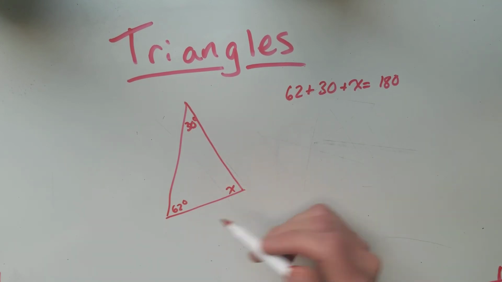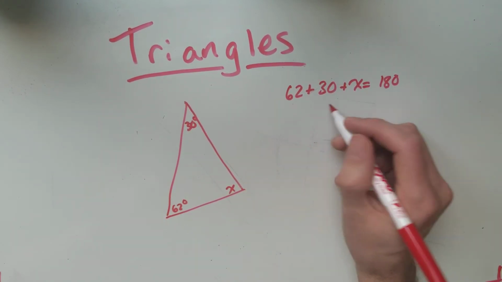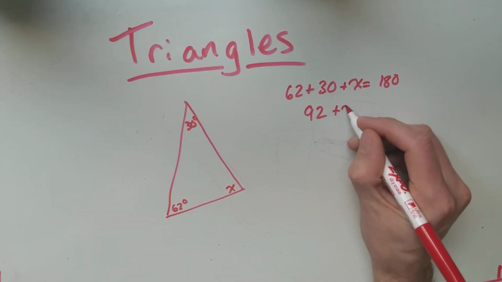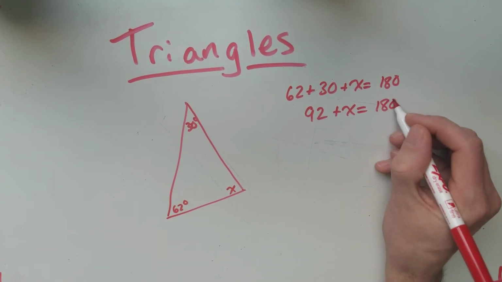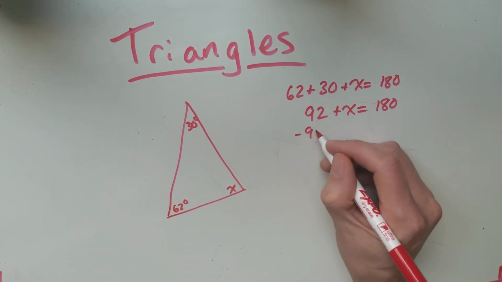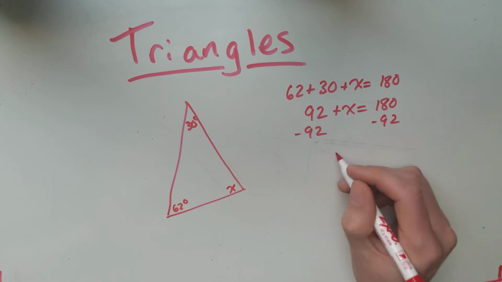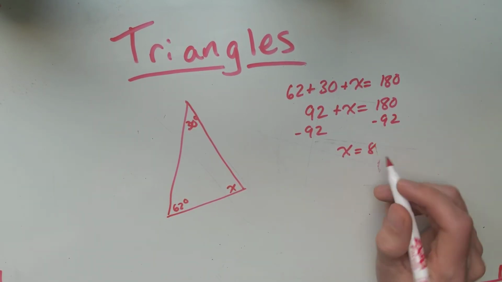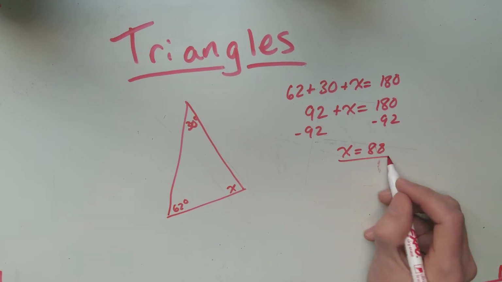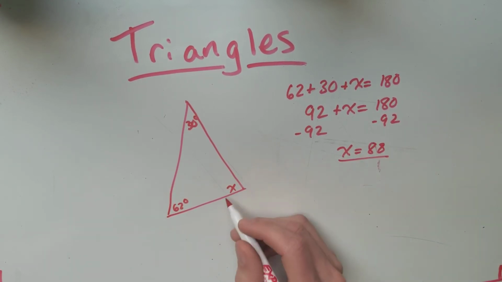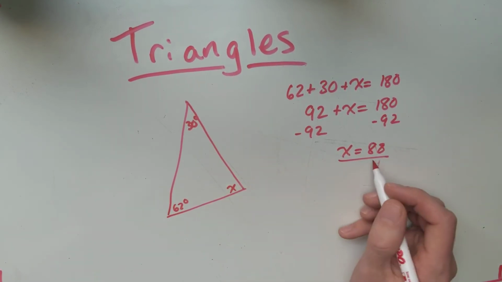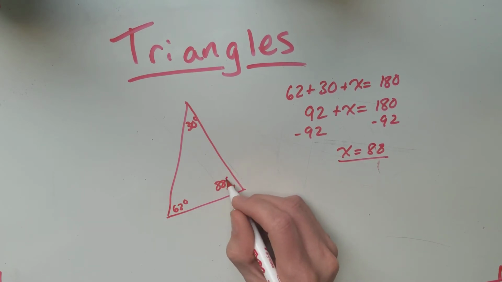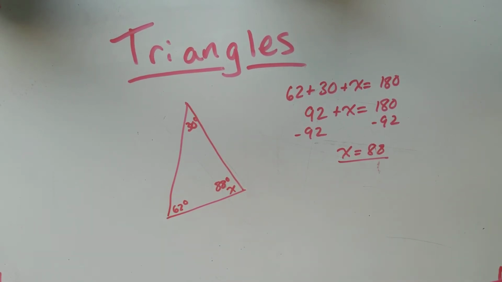The sum of these three angles should equal 180. When we add together, we get 92 plus x equals 180. Get your x isolated. When you subtract, you get 88. So x equals 88. And since this angle is just represented by x, that means this angle has a measurement of 88 degrees.